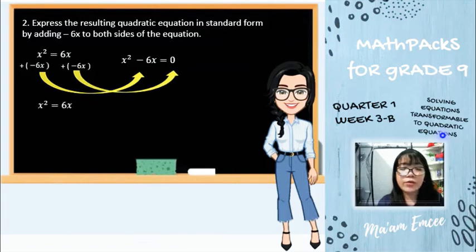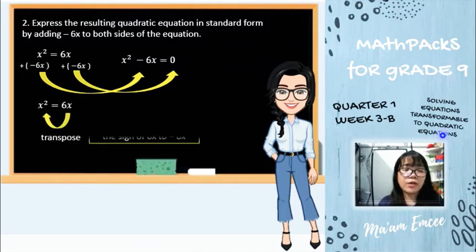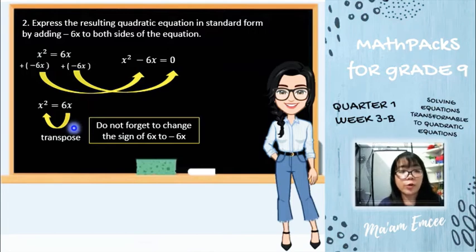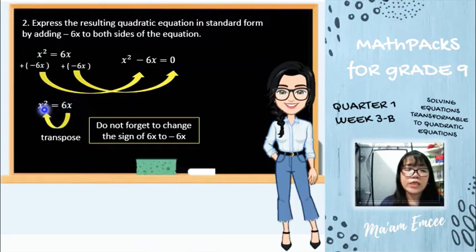Now, there is another way to express our equation in standard form. We can simply transpose 6x to the other side of the equation. But remember, if we transpose, we need to change the sign of the term to its opposite sign. So if 6x here is positive, if we transpose it to the other side, it will become negative.